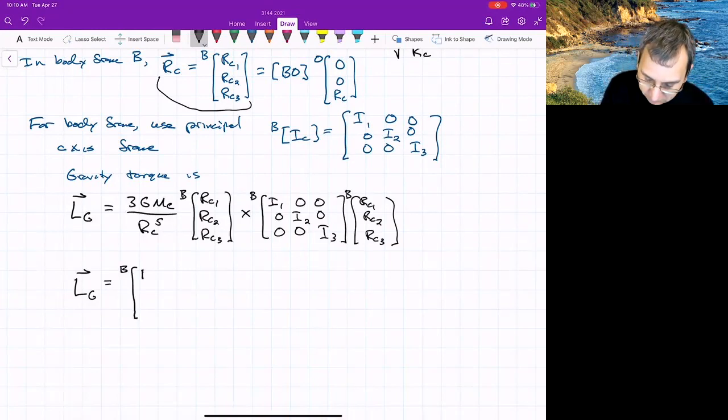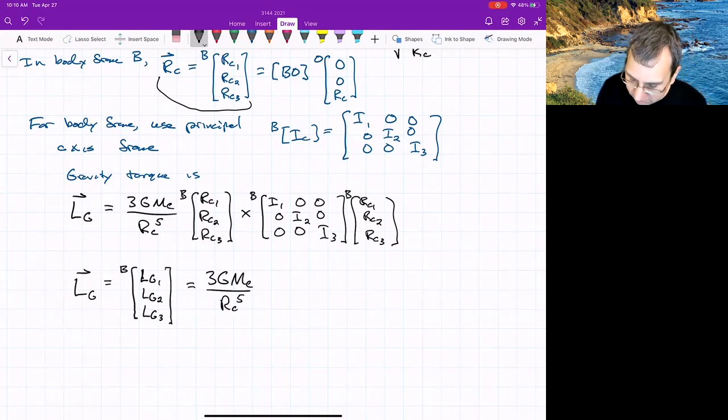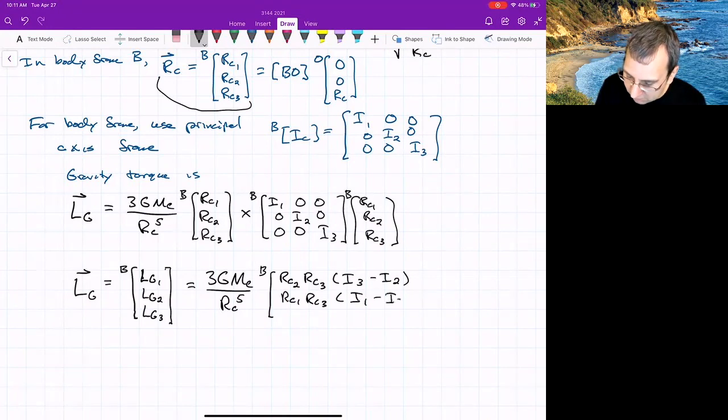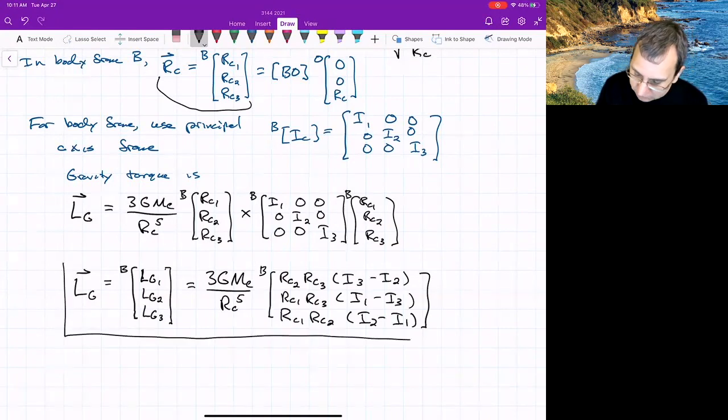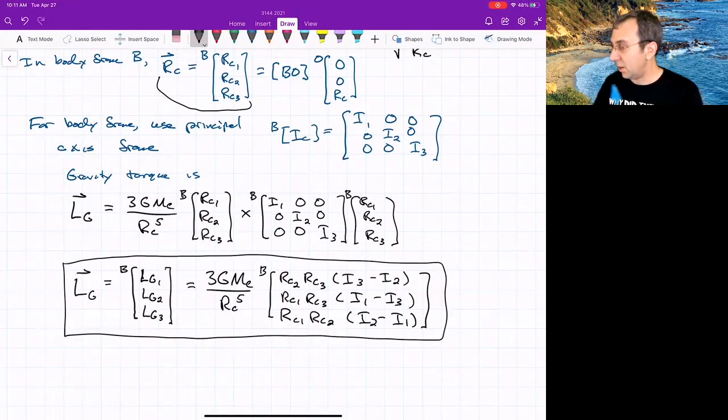So maybe we'd call this LG1, LG2, LG3, the 3 components as seen in the body fixed frame: 3G times the mass of the Earth over RC to the 5th, and then this vector, you carry that out, you get RC2 times RC3 times (I3 minus I2), RC1 times RC3 times (I1 minus I3), RC1 times RC2 times (I2 minus I1). So this is what the gravity torque looks like seen in the body fixed frame.